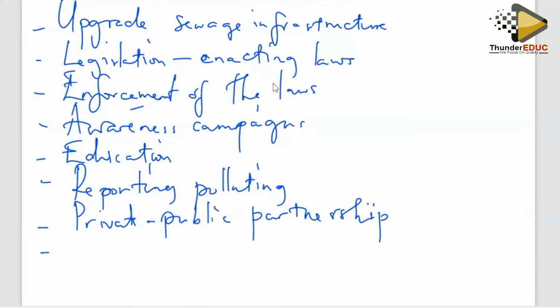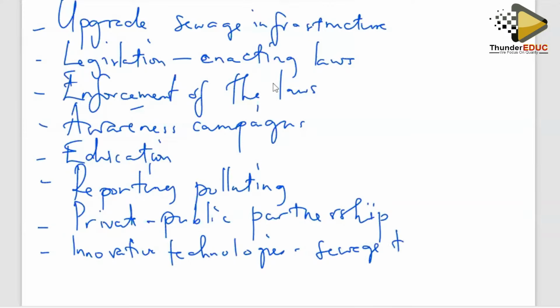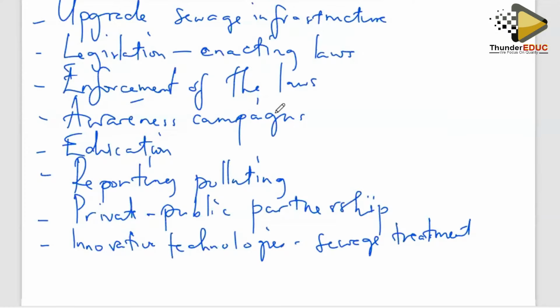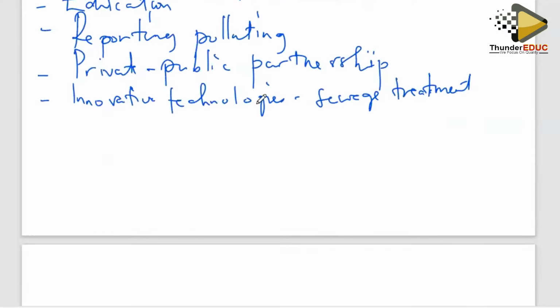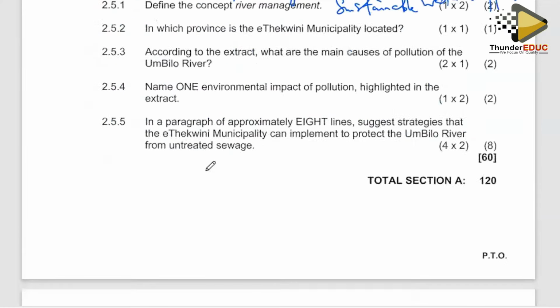Then we can also look at innovative technologies. We come out with new technologies of handling sewage, for example, in sewage treatment. Effective, modern methods of sewage treatment will help us manage sewage and not have it contaminate the rivers. That can also be an effective measure that can be put into action.